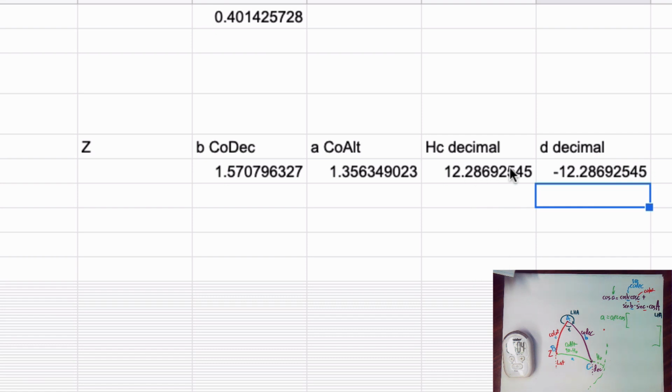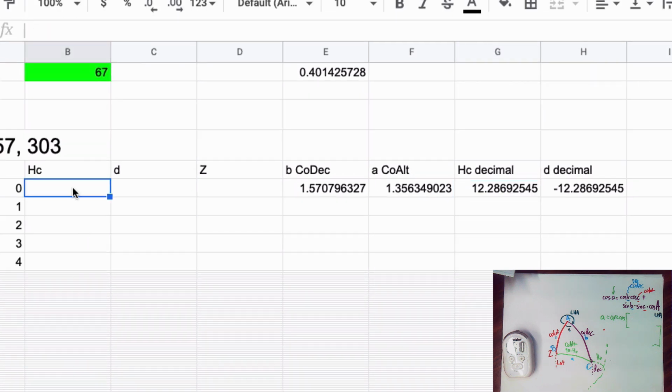Okay? Now, this decimal h sub c is pretty ugly, so we need to do something with that, and we have to format it. One way of dealing with that is it's 12.28 degrees, but we need to sort of chop off the decimal, right? So this is called truncate. We're just going to chop off the decimal, and that's a truncation command.